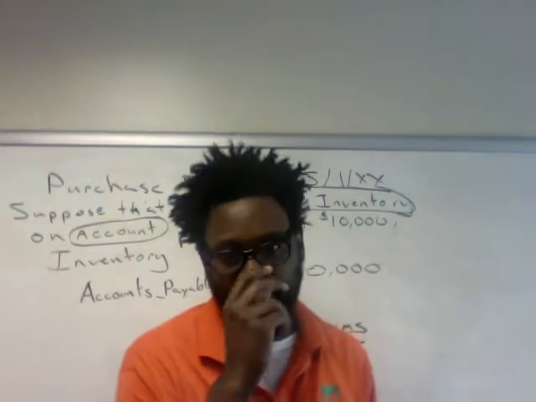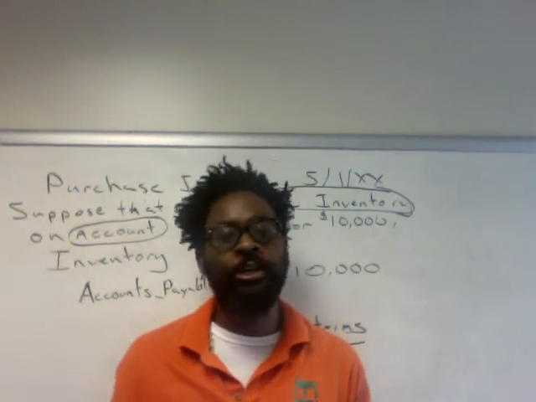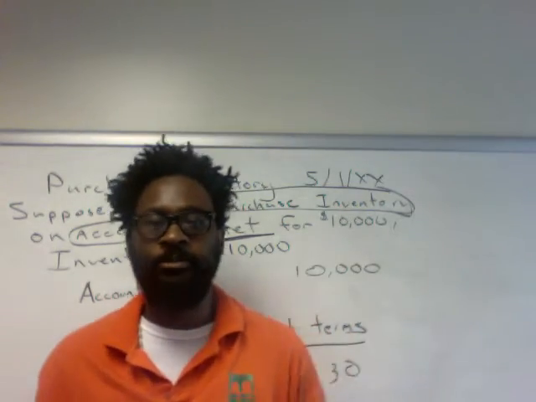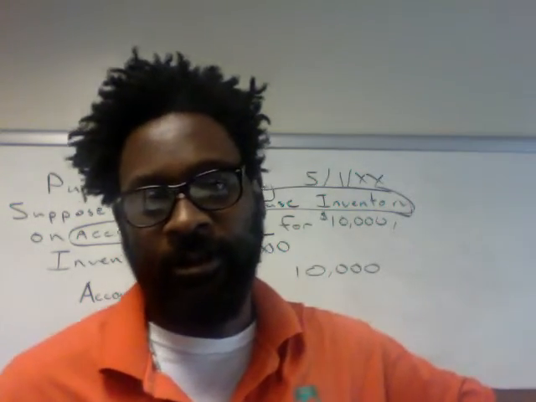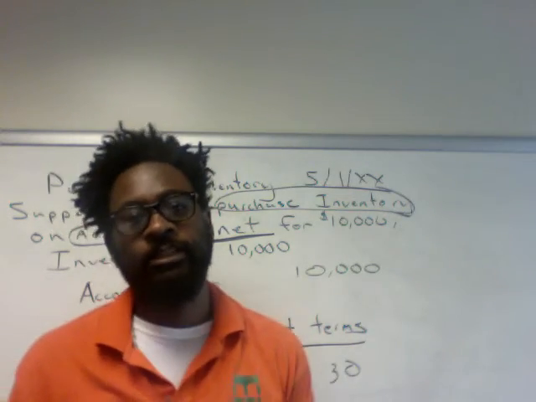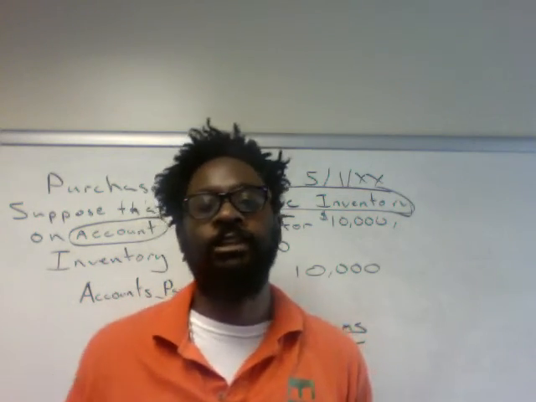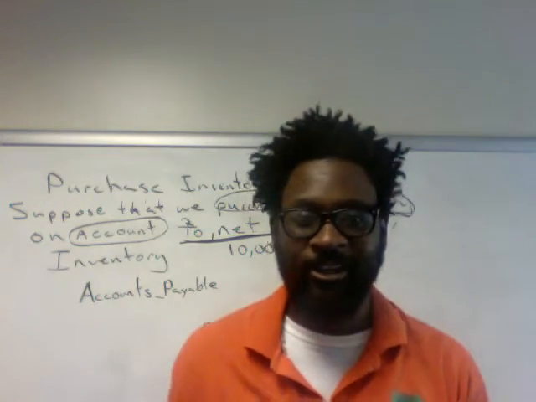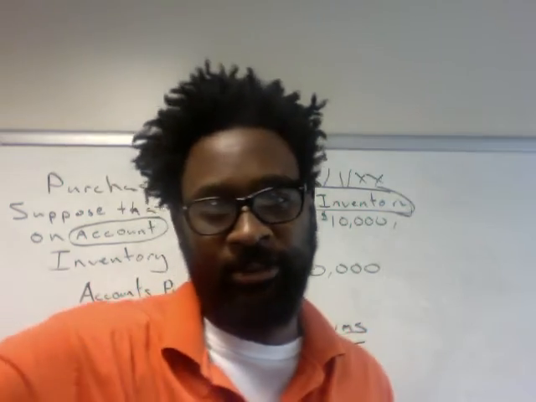It's because of two things. One, it's holding up cash. They're holding up your cash, and you want your cash as quick as possible so you can buy more inventory and generate more revenue. That's the main rule. The other rule is the longer that you wait to collect on your account, the higher chance you have to not collect on your account, thus increasing your uncollectability.